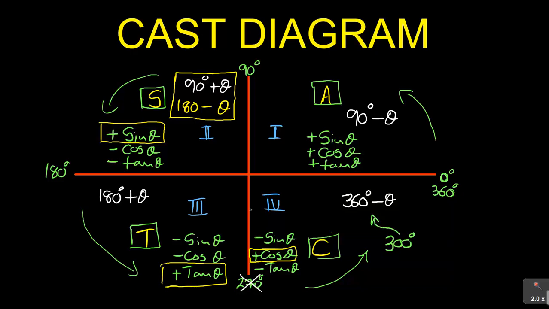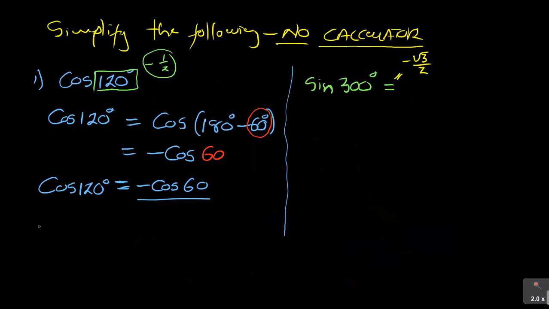It is 360 minus theta. So what you do, you come here and you say this is same as sine. So sine 300 is equal to sine, then you write the reduction rule that you have, which is 360 minus theta. But remember, you don't write theta just like that. There must be an angle for that particular theta.